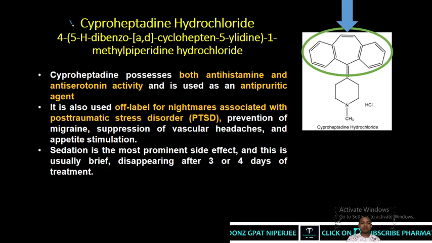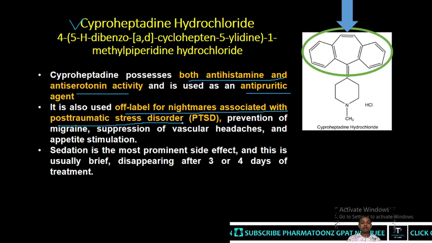So this is the structure of cyproheptadine, and cyproheptadine possesses both antihistaminic as well as anti-serotonin activity as well as antipruritic activity. This drug is used off-label for nightmares associated with post-traumatic stress disorder, called PTSD.